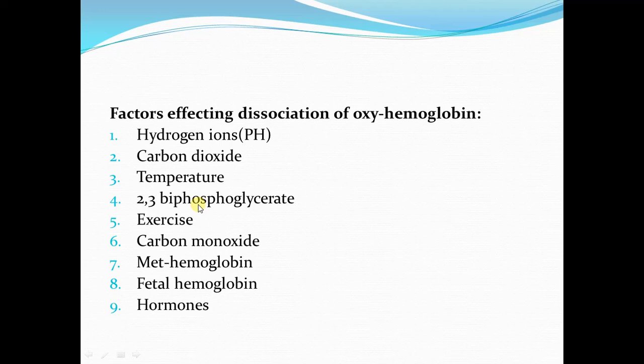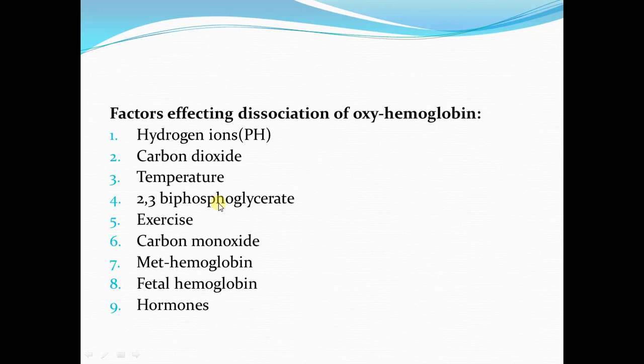And binding of 2,3-biphosphoglycerate with the hemoglobin reduces its affinity for the oxygen. So when 2,3-biphosphoglycerate is more in concentration, it facilitates the delivery of oxygen to the tissues by causing the dissociation of oxygen from the hemoglobin.